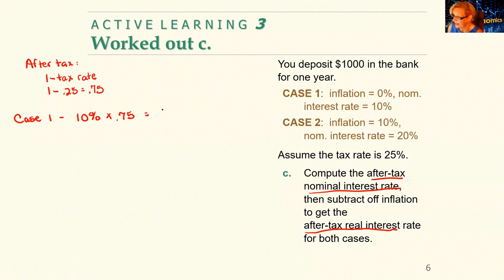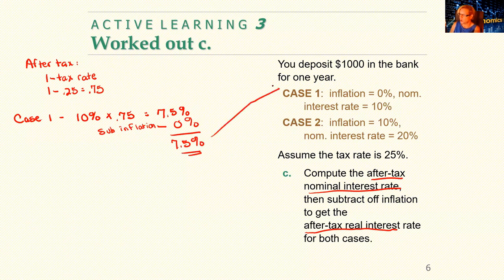So 7.5% is what our after-tax rate will be. And then we subtract inflation. Inflation is 0, so our after-tax real interest rate is 7.5%. That's the answer to case one.